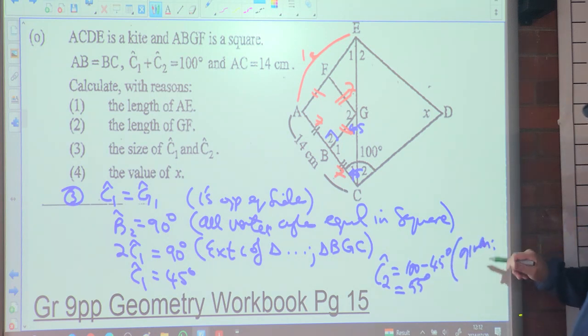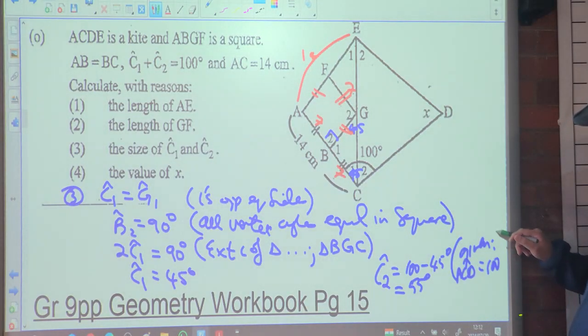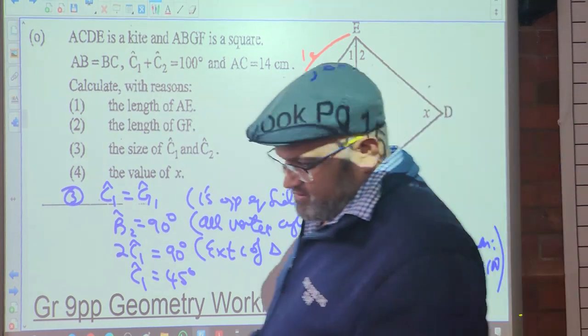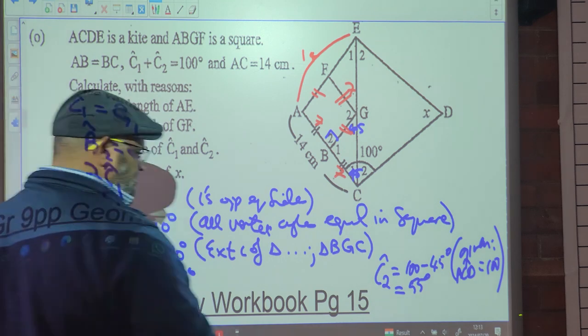It is given that ACD equals 100 degrees. People, all of these things count for marks. If it's not on the diagram, you must state it. Otherwise, you're going to lose out. We'll put 55 here.